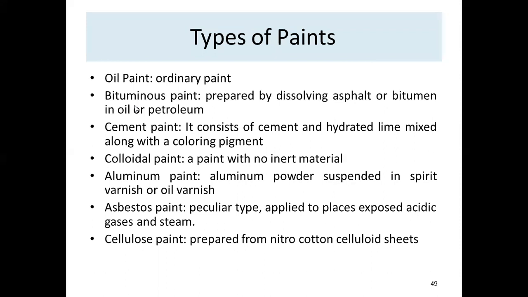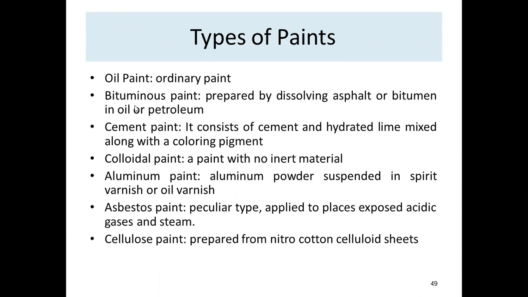As a vehicle, or rather thinner, we can use dissolved naphtha, petroleum, or white spirit also. To increase its workability or thinning property, we have to add dissolved naphtha or a petroleum material, or maybe white spirit.